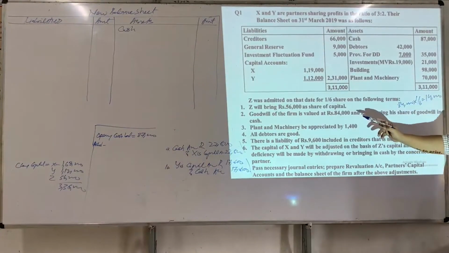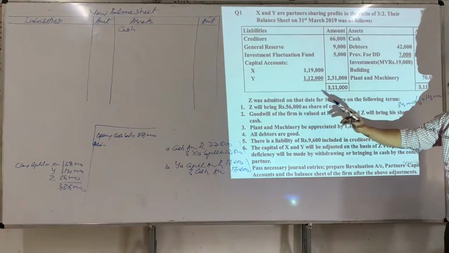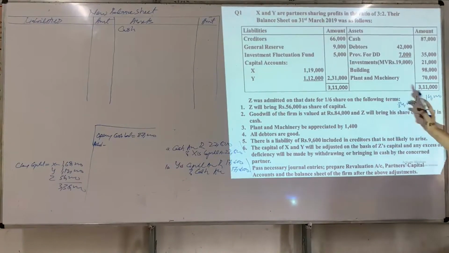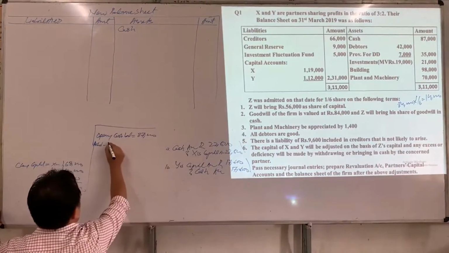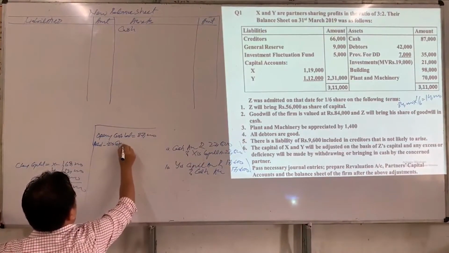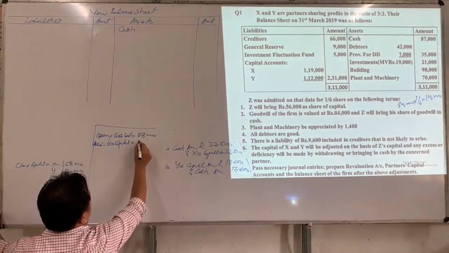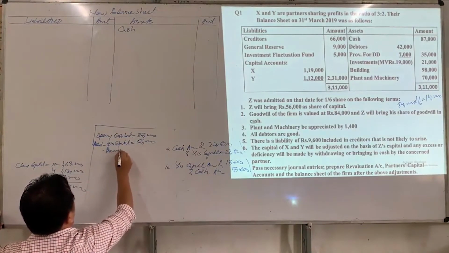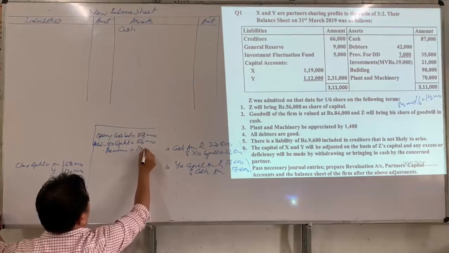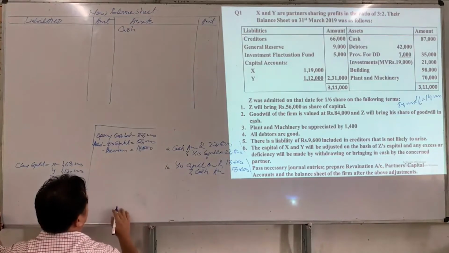Yes, Z has brought rupees 56,000 as capital and rupees 14,000 as his share of goodwill in cash, which means cash will be increased. So Z's capital is 56,000, and the premium for goodwill is 14,000.